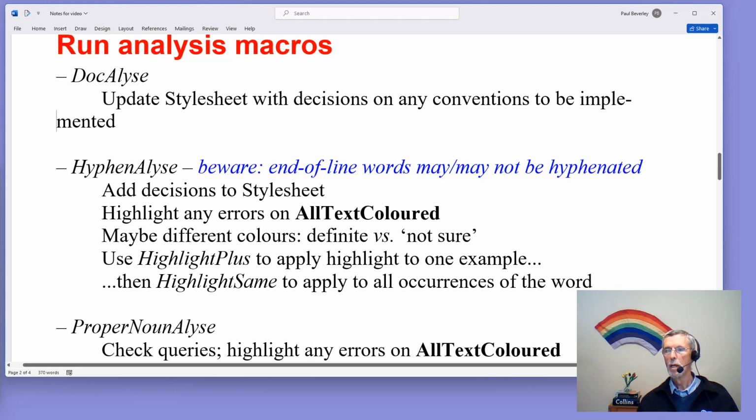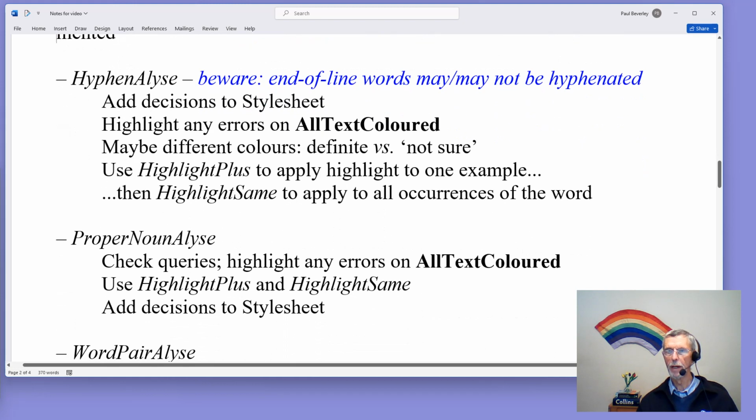But where it is a word pair that might be hyphenated or might not, then the hyphenation on the line end in the PDF can skew the count that Hyphenize makes. So you just need to bear that in mind.